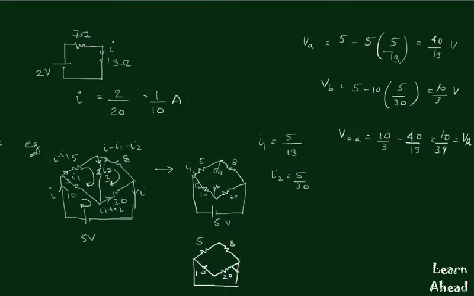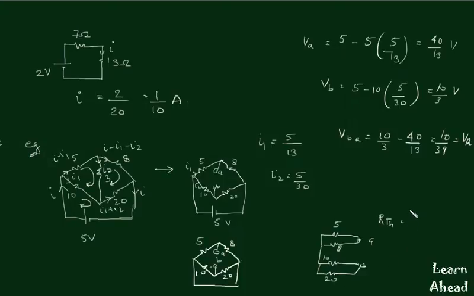As these two terminals are connected by a conducting wire, these points will be at the same potential, and we are supposed to find resistance across A and B. So you can see that these two resistors are in parallel, and then they are in series with these two resistances.